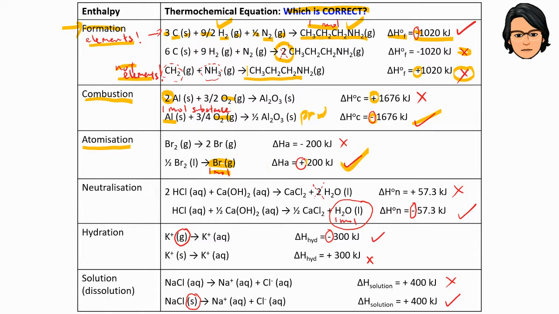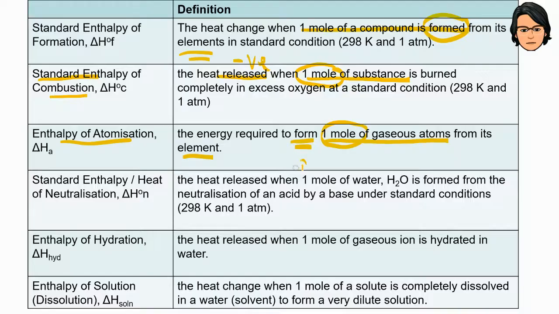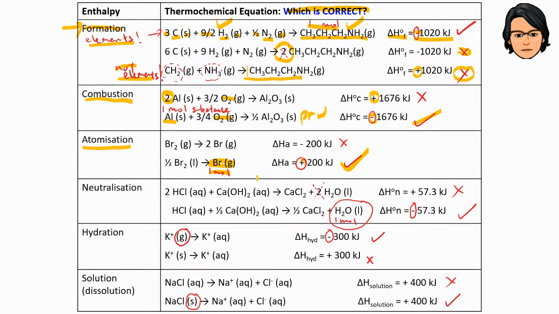And usually atomization requires energy, absorb energy. Thus the first one is incorrect because the gaseous atom is 2 mole, not 1 mole only. And one more thing, at standard state, bromine is liquid as an element, not gas.